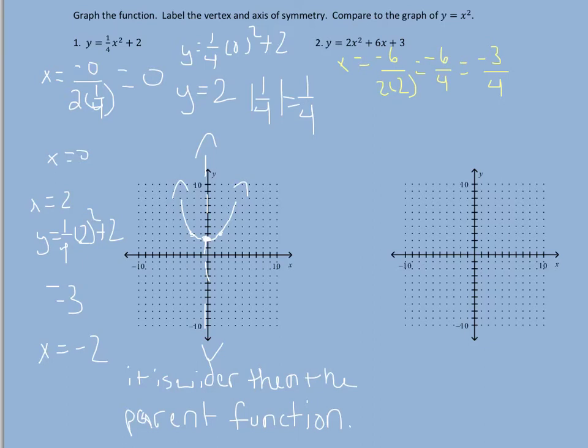Okay? Nope, that's not right. 6/4 isn't 3/4. Let's erase that. 6/4, that would be -3/2. So -1.5 is our axis of symmetry.